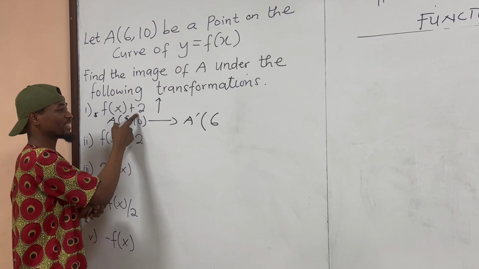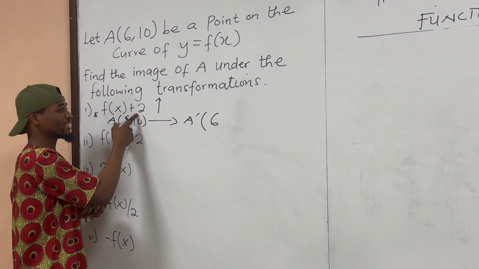So I'll have 10 plus 2. Whenever you are moving upwards, add the units to the coordinate; when you are moving downwards, you subtract. You get that. So our final answer becomes A prime of (6, 10 plus 2), which is (6, 12). So this is the transformation for the first one.